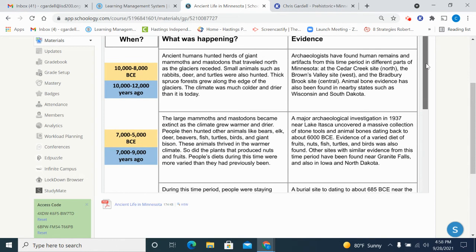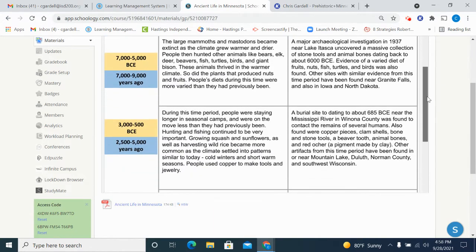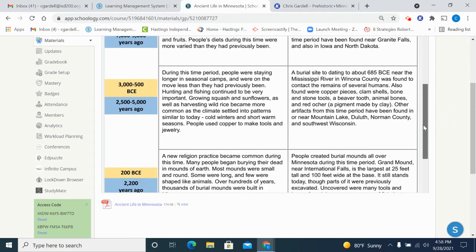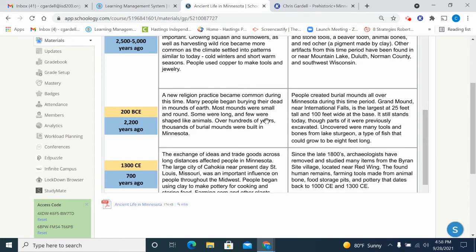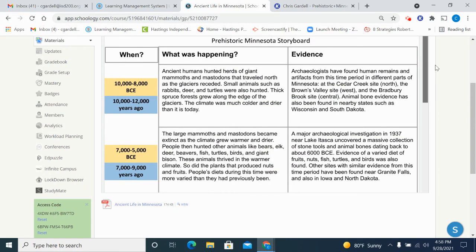For the next time period, after my example, that would be right here, the 10,000 to 8,000 BCE. You can see the remaining time periods as follows: time period 3, time period 4, time period 5, and the last one on the very bottom is time period 6. If that helps you to number them, do so.